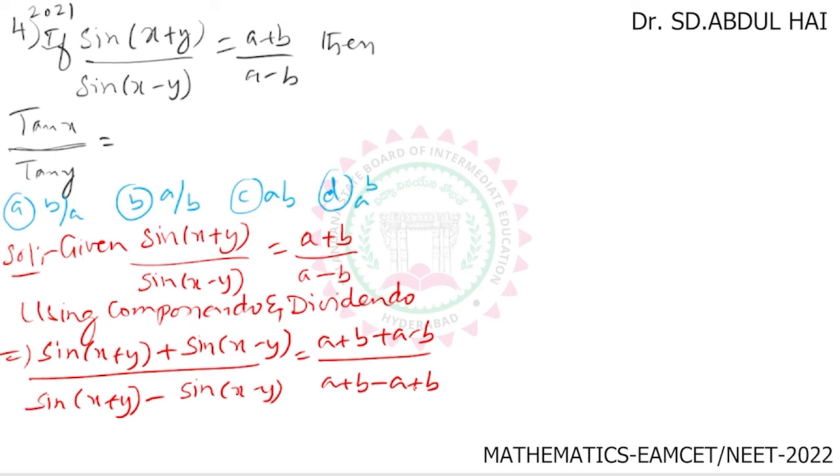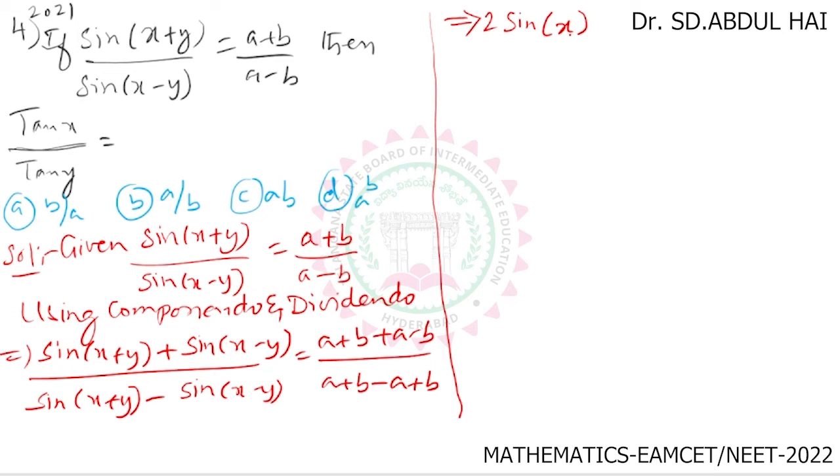Okay, now you see that it is in the form of sin c plus sin d, which is nothing but 2 sin of (c plus d) by 2 into cos of (c minus d) by 2. C plus d by 2 means y minus y cancel, x plus x is 2x, 2x by 2 is x.